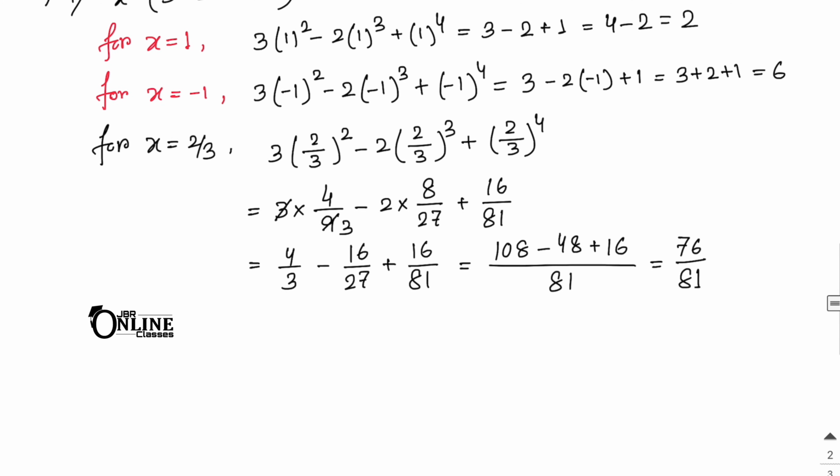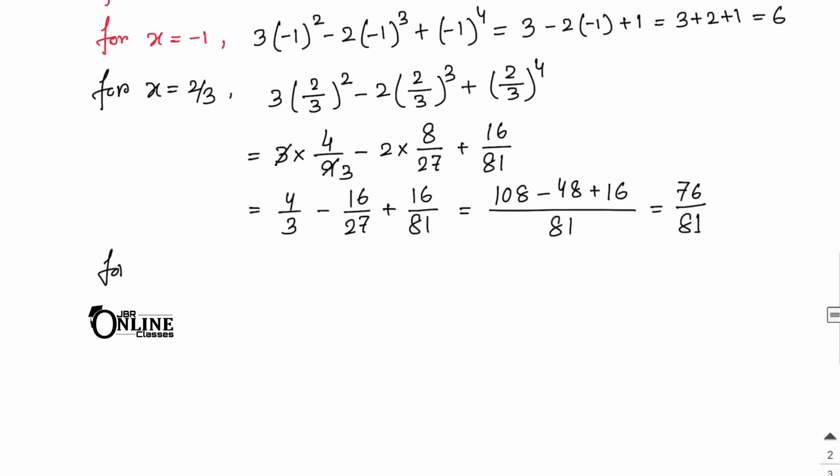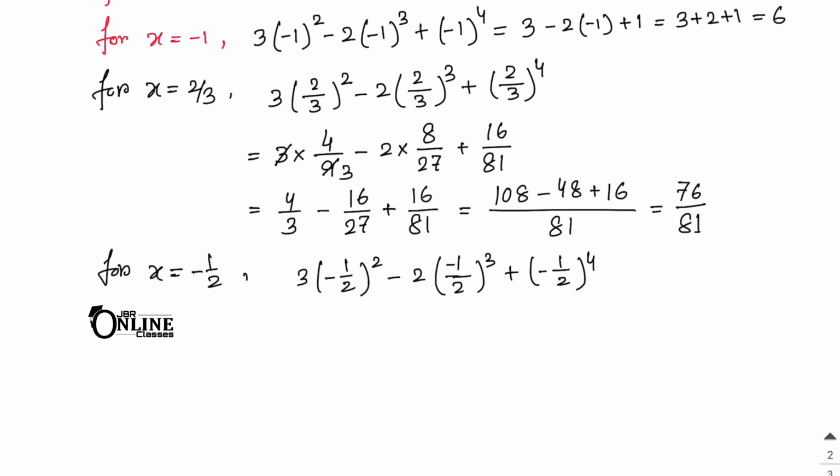Now for the last one, here x equal to minus half. Then 3 into minus half whole square, then minus 2 into minus half whole cube, and here again minus half whole to the power 4. So it will be 3 into, as whole square, 1 by 4 in positive. Here whole cube, so it will be negative, but negative negative will be positive.